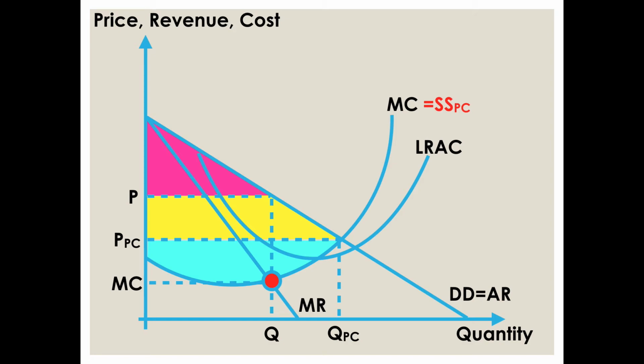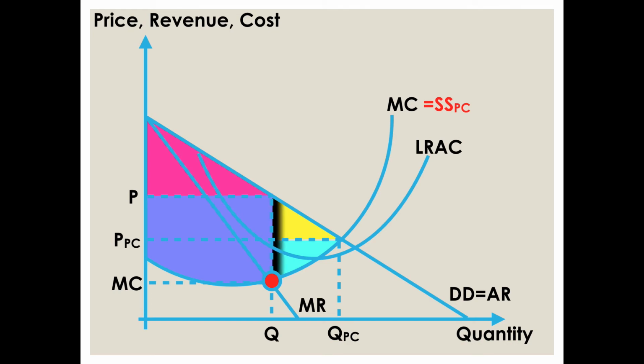So the producer surplus in a market with a dominant firm is given by this area, the difference between the price that they receive, which is the market price of P, and the minimum price, which is given by their MC curve, up until the output they're actually producing, which is Q. One thing you notice is that the combined consumer and producer surplus in a market with a dominant firm is definitely smaller as compared to that in a PC market.